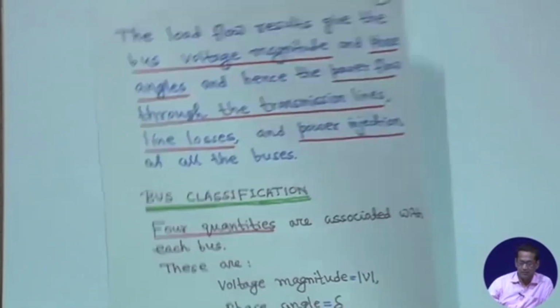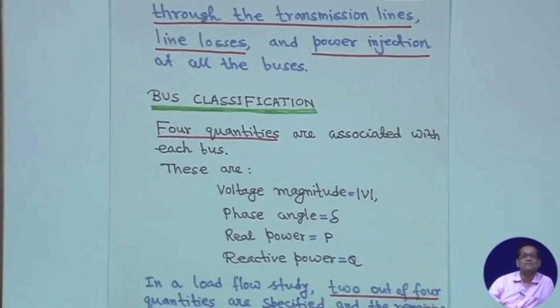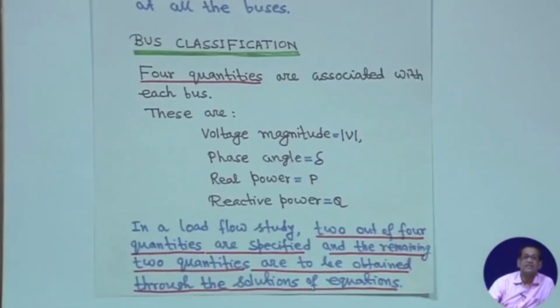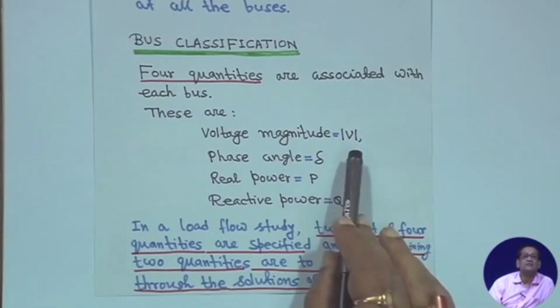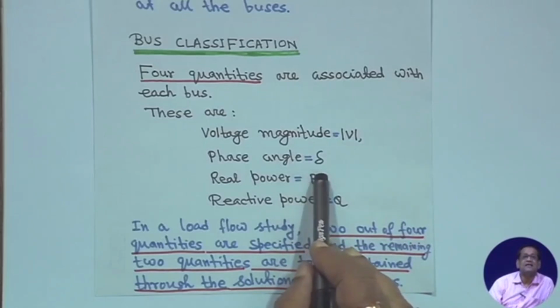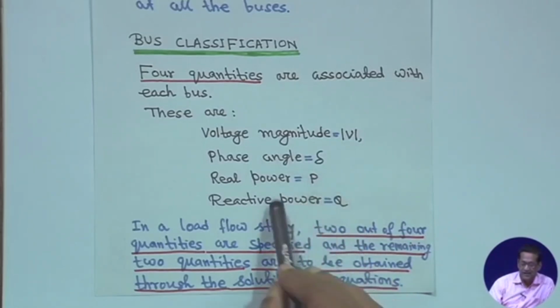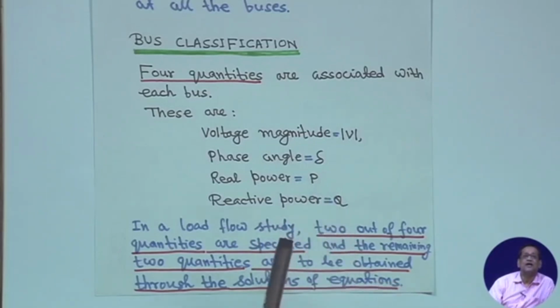So, basically in load flow, you have to first classify the bus bars, the bus bar classification, right. Basically 4 quantities are associated with each bus. These are voltage magnitude V, then phase angle delta, real power P, and reactive power Q, right.